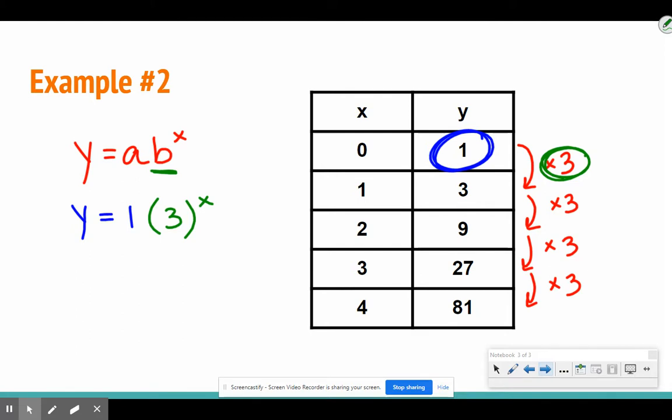I'm not putting the dot in between or the multiplication sign in between, because the dot can look like a decimal point and the x or the multiplication sign can look like an x. That's why I chose to use parentheses to represent multiplication between the 1 and the 3.